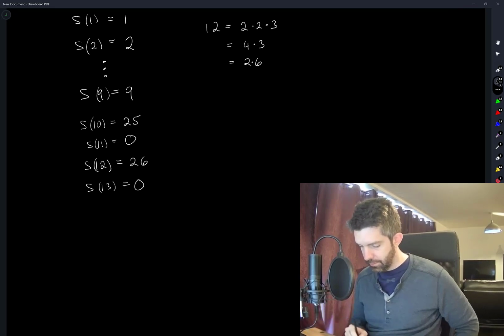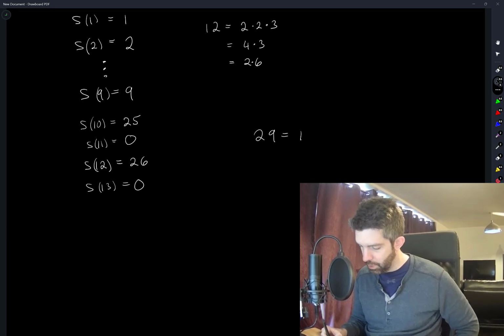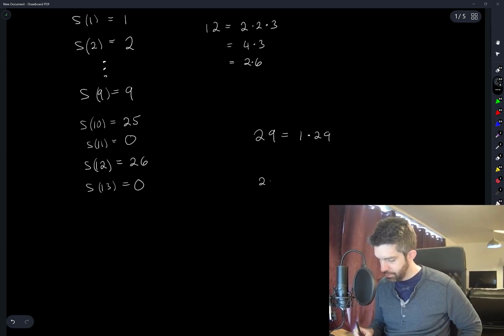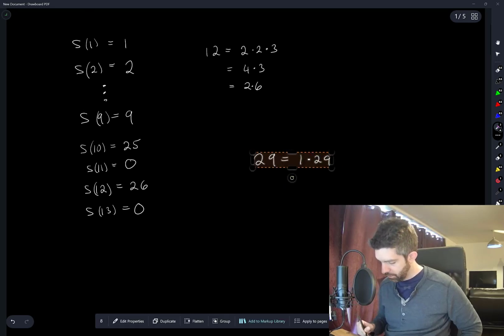Right? Let's take a larger prime. 29 is equal to 1 times 29. But because this is a 2-digit number, 2 times 9 is equal to 18. There's no way to get 29 as a product of 1-digit numbers.